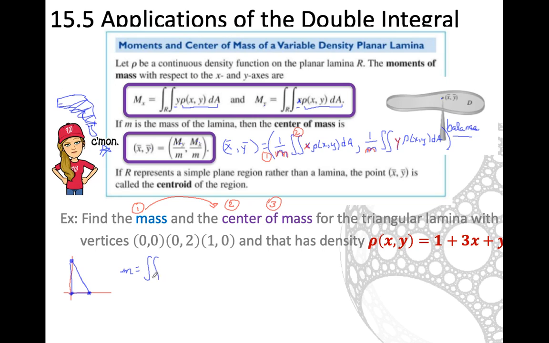So I need to first find my mass. My mass is the double integral of my density function, d delta A. And again, it doesn't really matter whether I do vertical or horizontal strips, so I just default to dy dx.